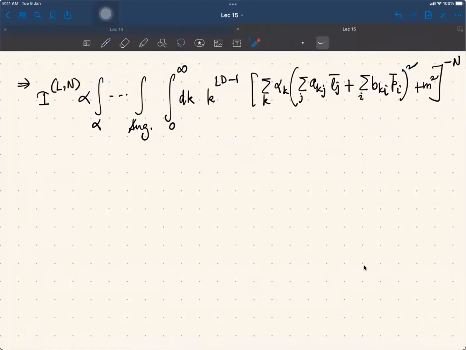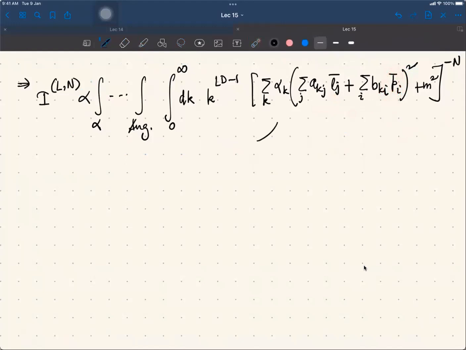Now, this integrand will have angular dependence because there are certain fixed vectors, and if you expand this square, you will have dot products between L's and P's and L's and L's. Those dot products will be dependent on angular coordinates.